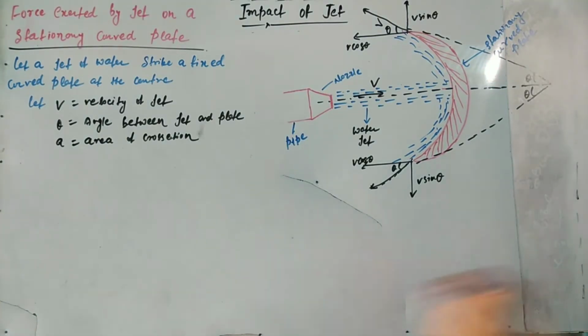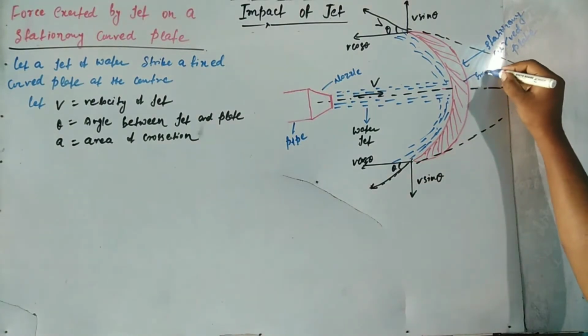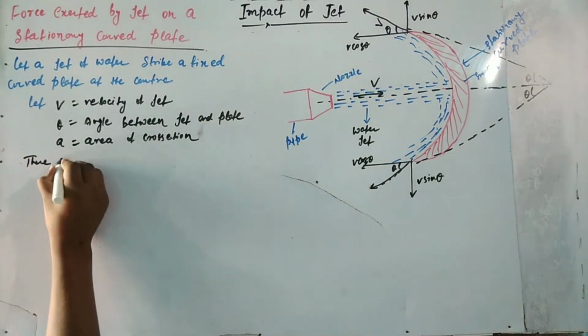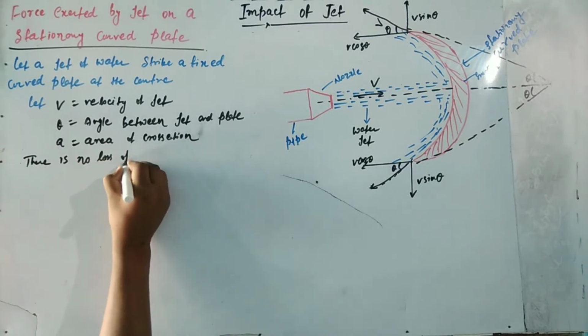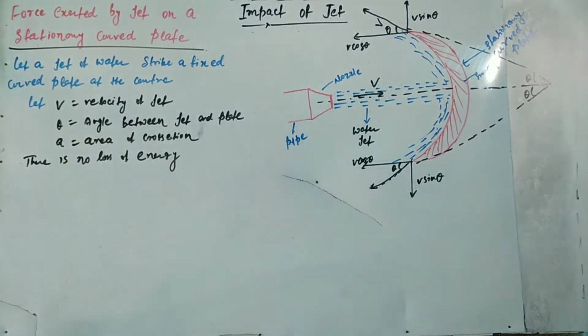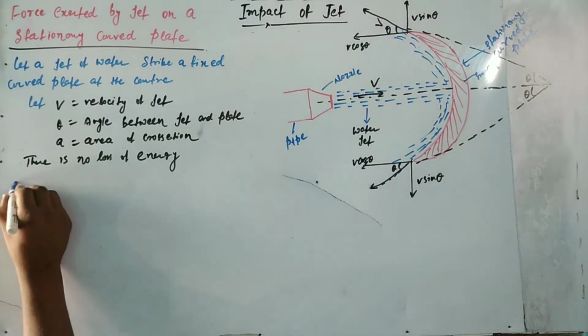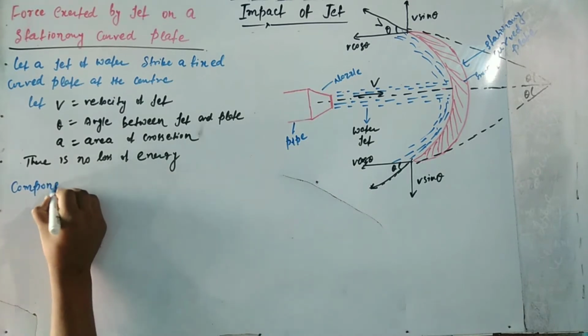Now we find the force exerted by the jet. Let us suppose the curved plate is smooth, so there is no loss of energy. The energy will be the same at the final condition and the initial condition.